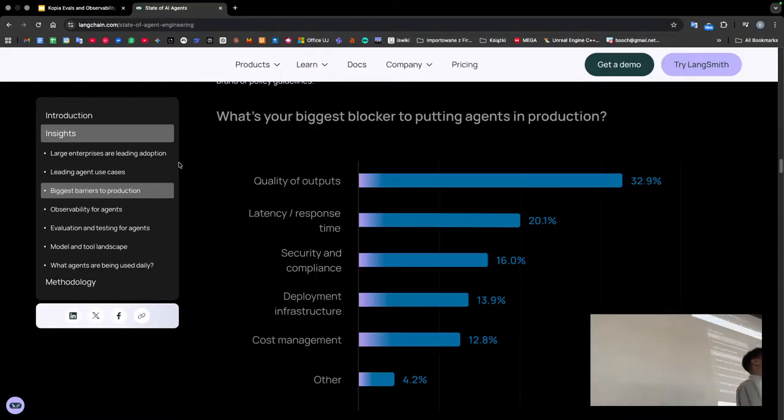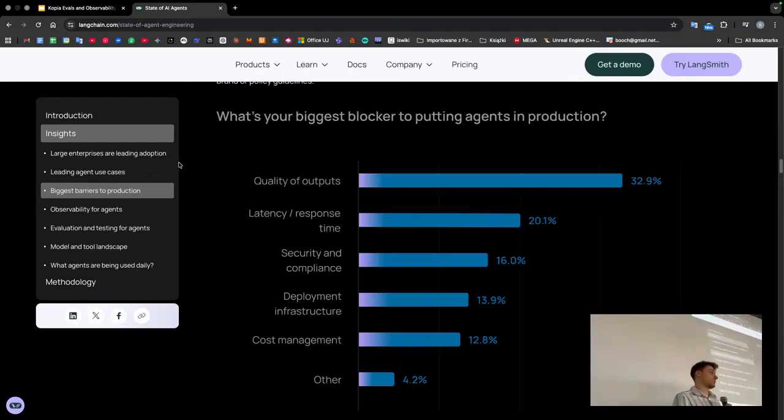For me, for now, it's deployment infrastructure. Okay, deployment, the second from the bottom. Any other thoughts? Quality of outputs. Okay, so that's the biggest one, I think, overall.